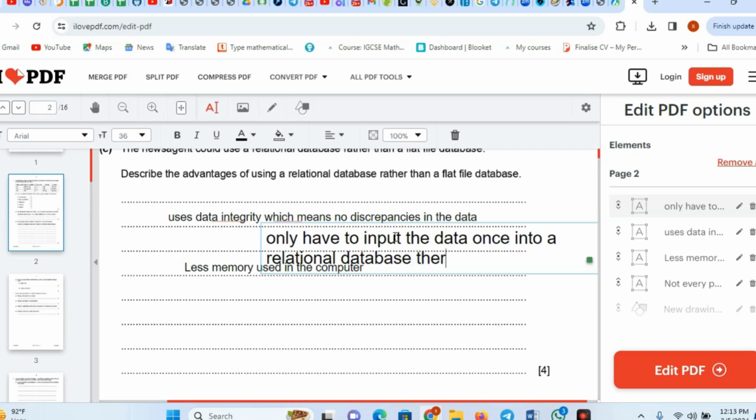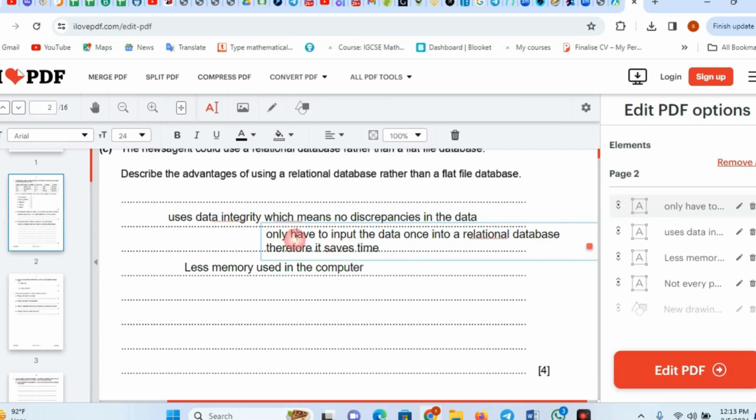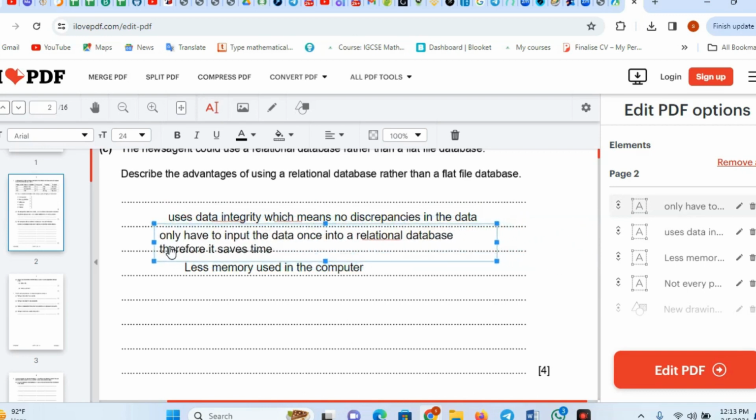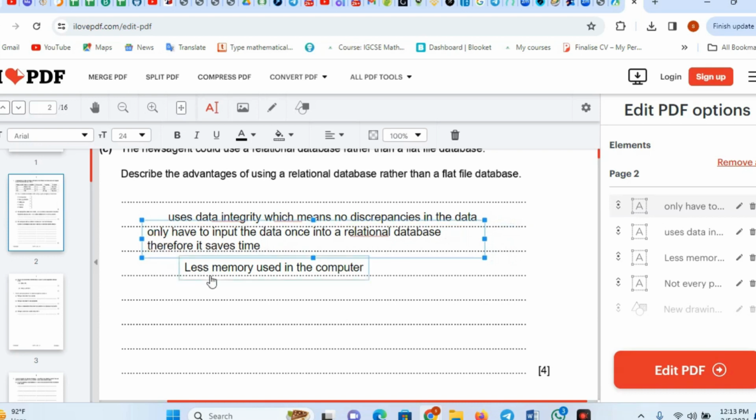Therefore, it saves time. When you input it once, it will save you the time of having to type it again. So the next time someone asks you what is one advantage of using a relational database over a flat file database, you tell the person that it saves time.